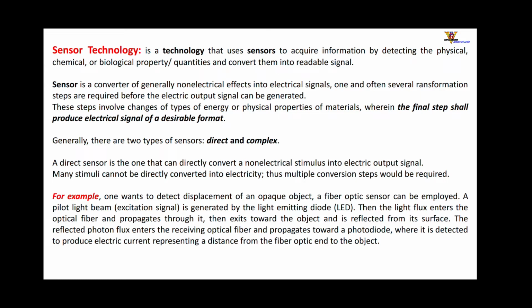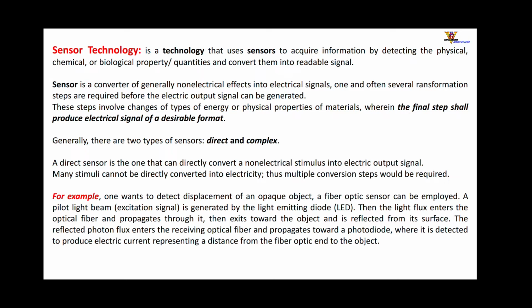It is generated by a light emitting diode, and then this light flux enters the optical fiber, propagates through it, then exits toward the object. So firstly we have an excitation signal generated by an LED, and that signal enters the optical fiber, then propagates and goes towards the object.